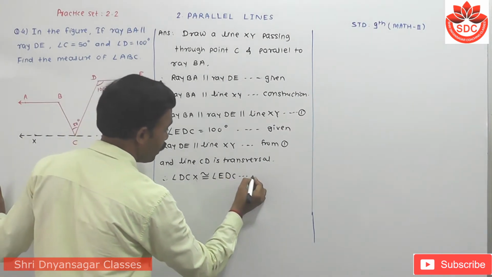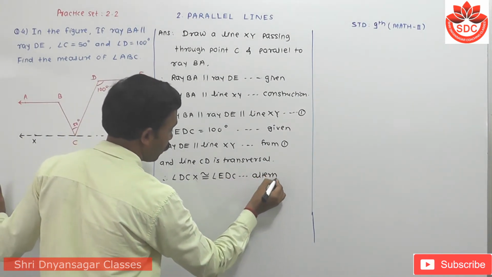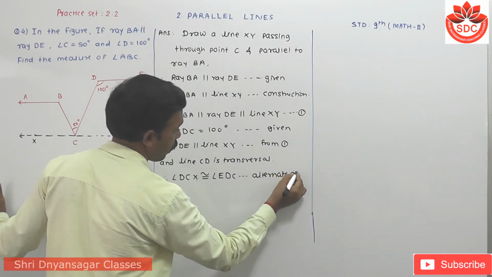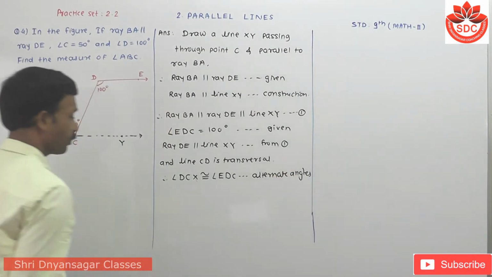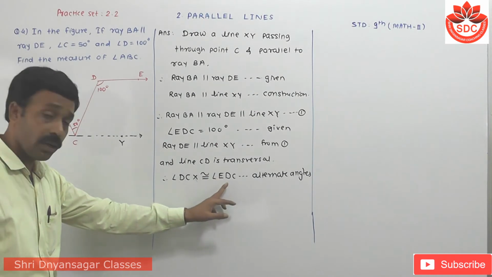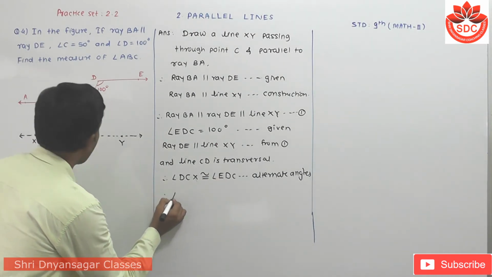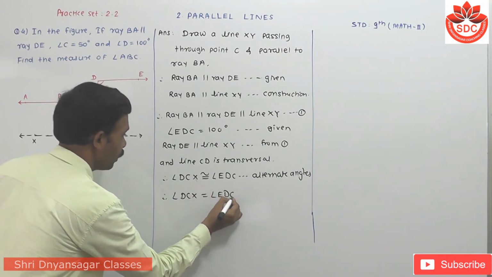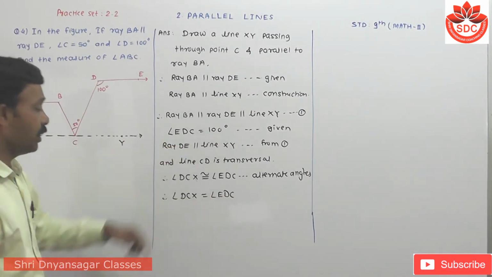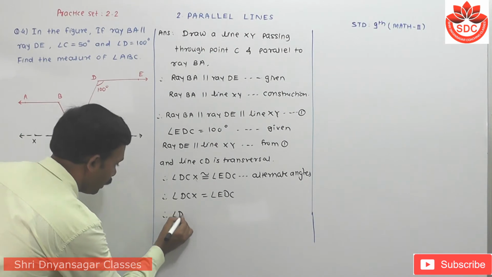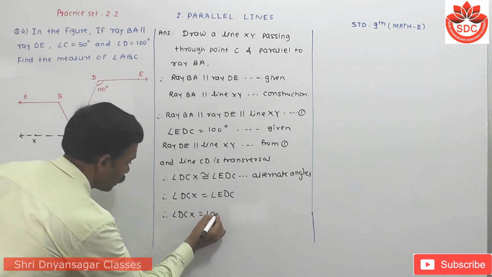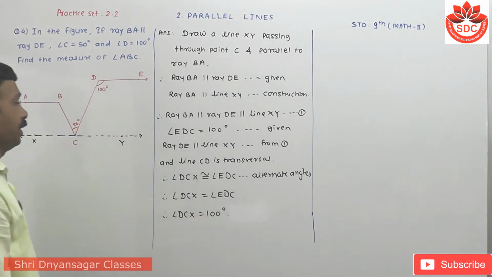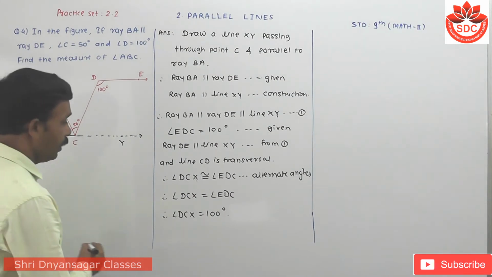Because which type of these angles? Alternate angles. If these two are congruent, means that they are equal. Therefore, angle DCX is equal to angle EDC. But angle EDC is given 100 degrees. Therefore, angle DCX is equal to how much degree? 100 degrees.